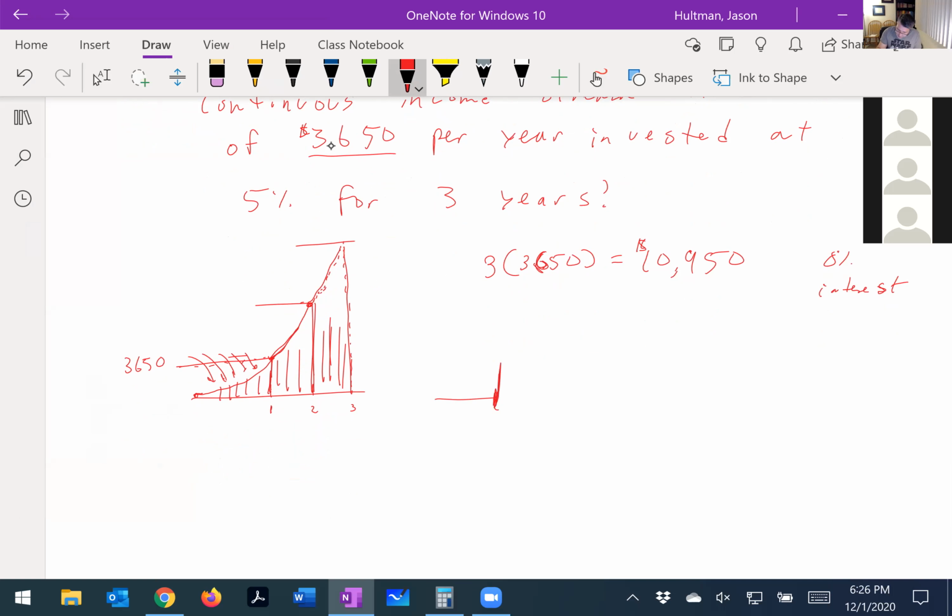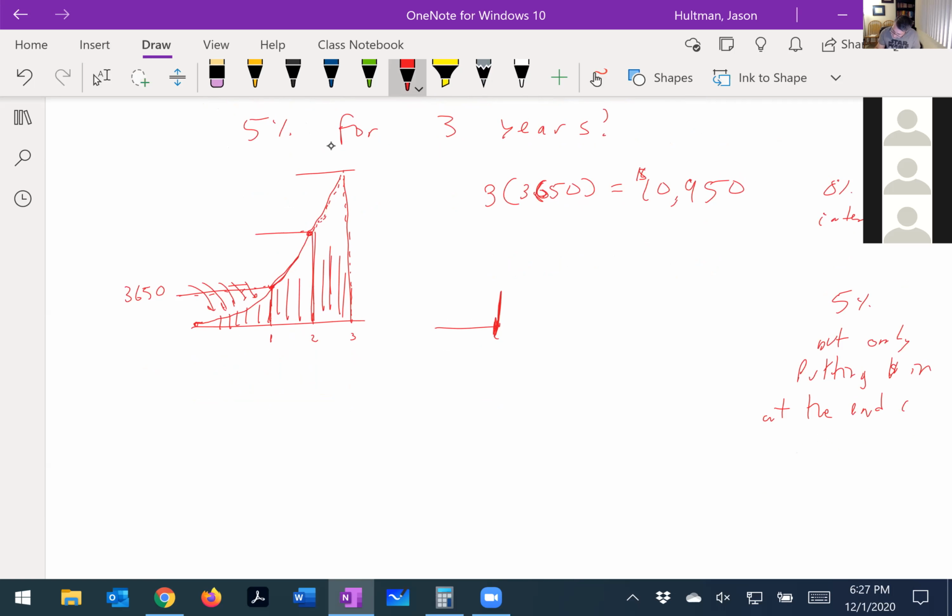Let's think about what would happen, but now at 5% interest, with money going in only at the end of each year. So you're making nothing on the first year. You've made nothing. This is 0. From 0 to 1, you've made nothing.